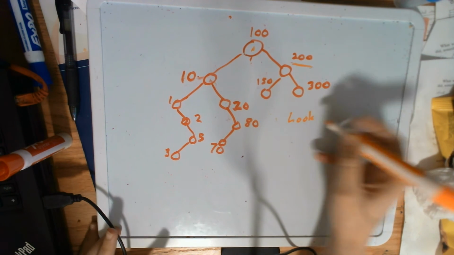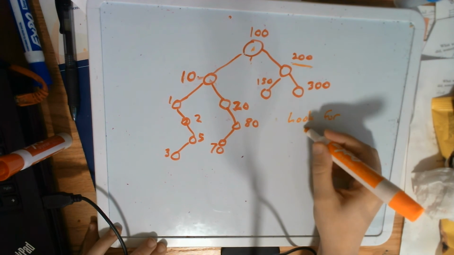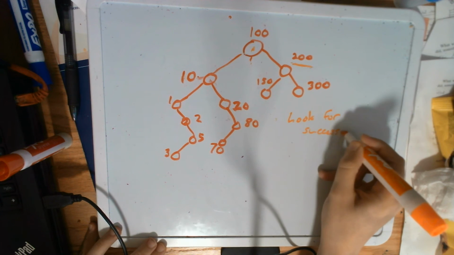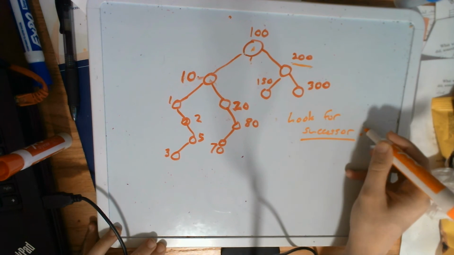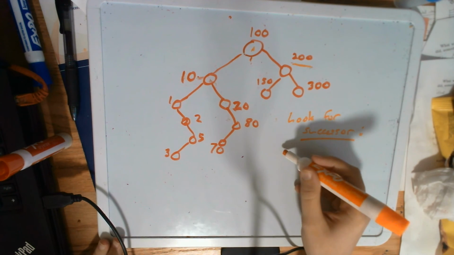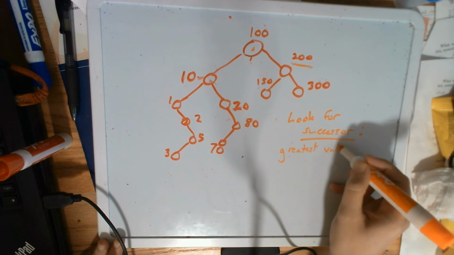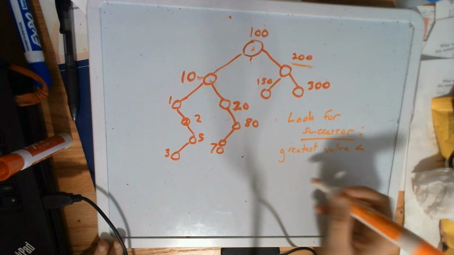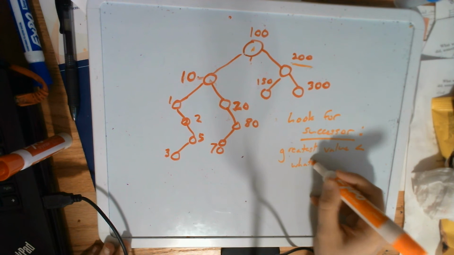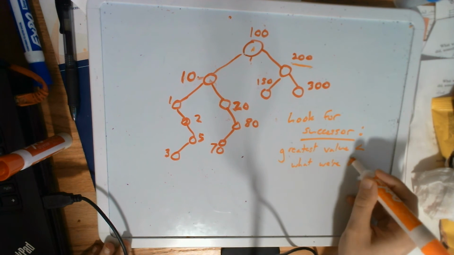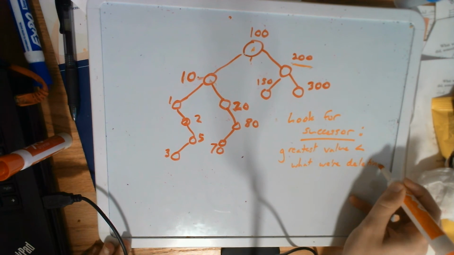So we're going to look for a successor. And we'll use the greatest value that's less than what we're deleting. Right?